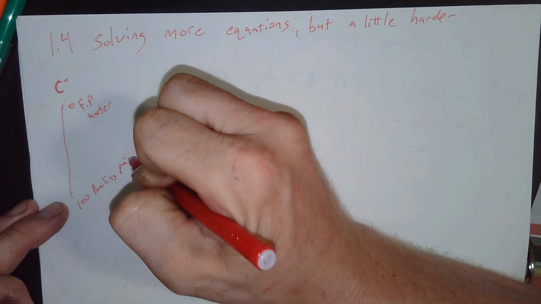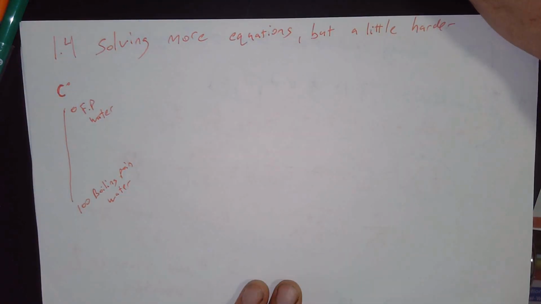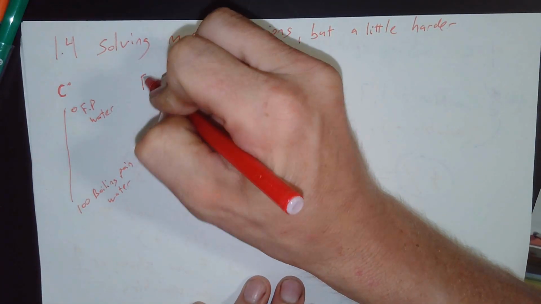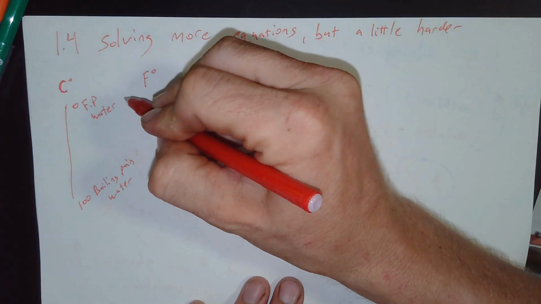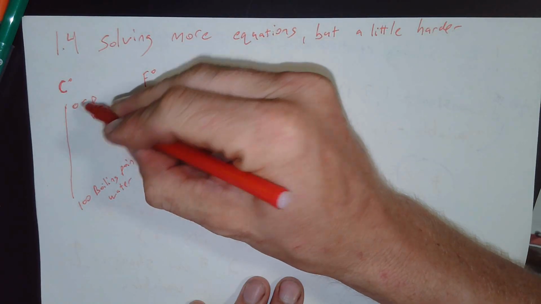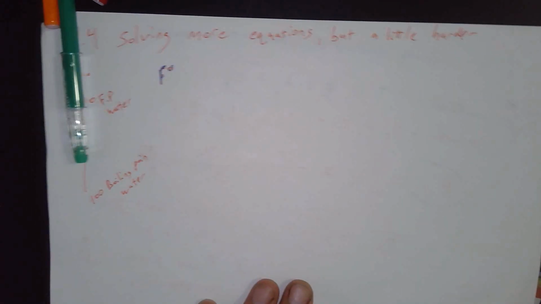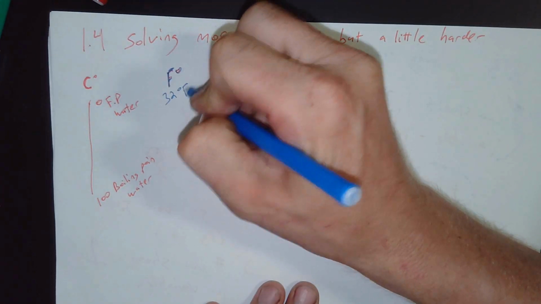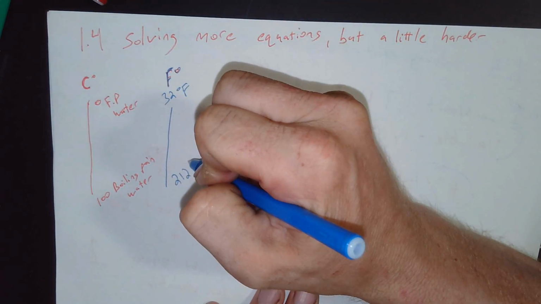Well, the scale that we use in America is Fahrenheit. We're one of the very few countries in the world that do this. The freezing point for water in degrees Fahrenheit, that's blue, is 32 degrees Fahrenheit, and it boils at 212 degrees Fahrenheit.